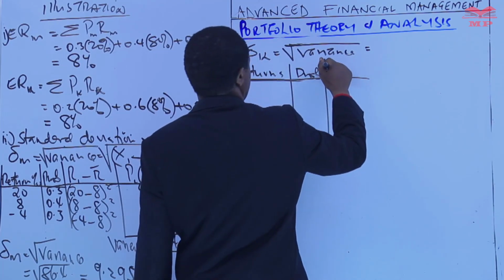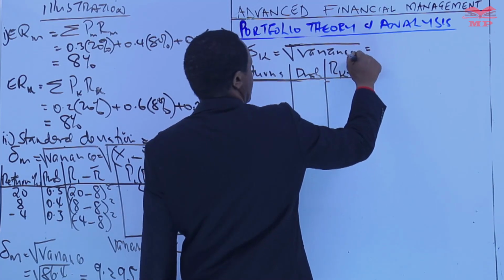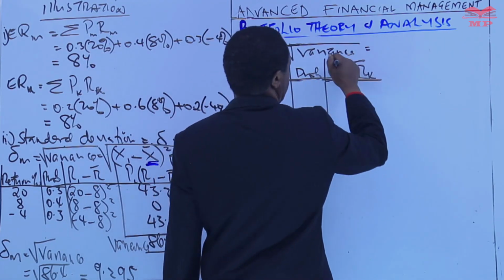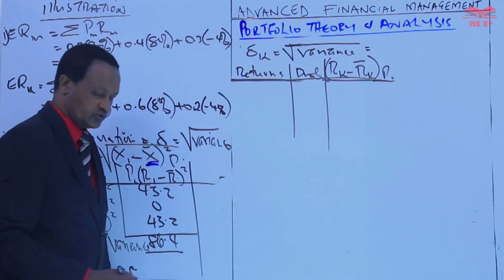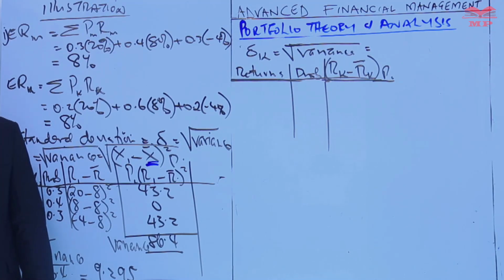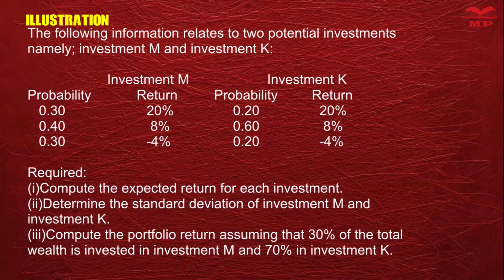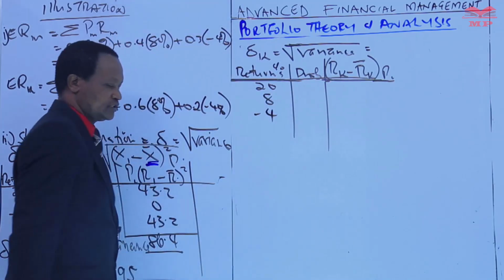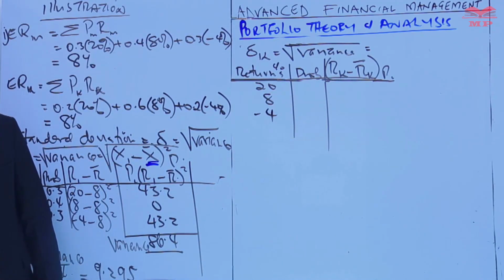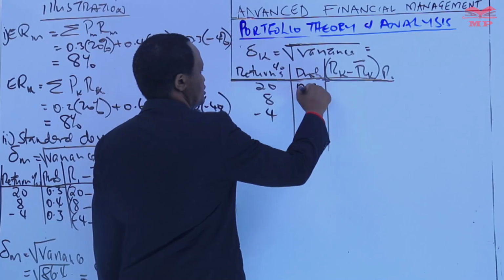This is the return of security K minus the expected return of security K, times probability. From the question: 20, 8, negative 4. These are percentages. The probabilities are 0.2, 0.6, 0.2.